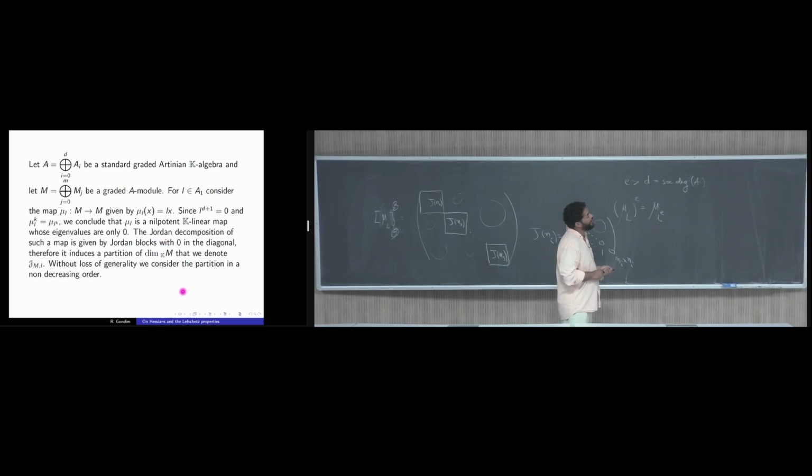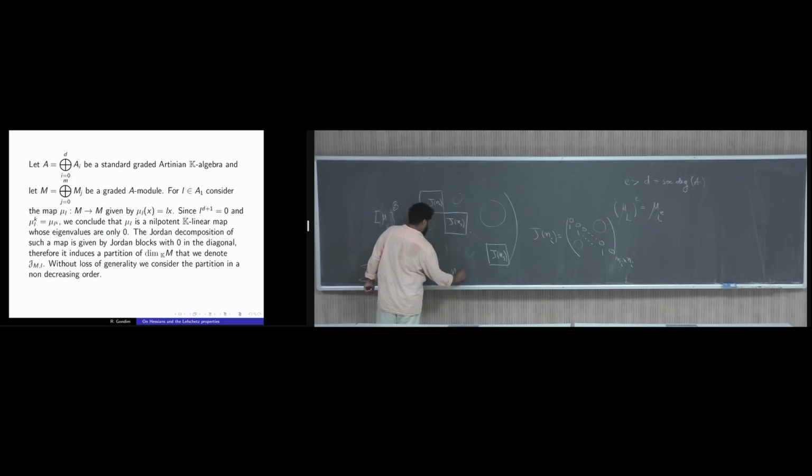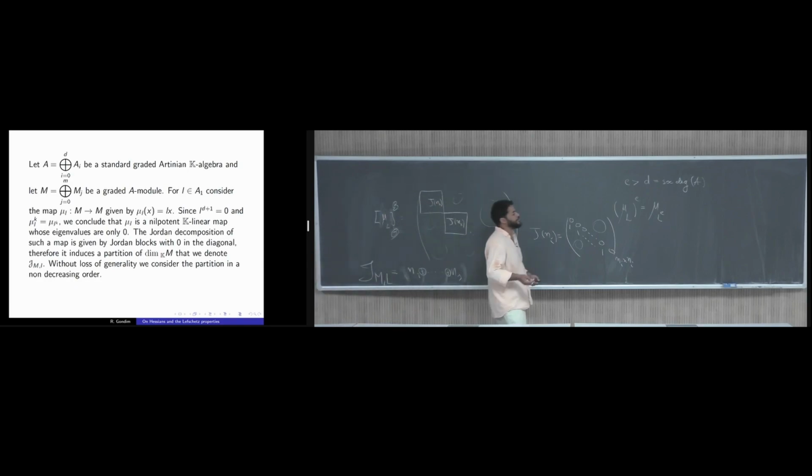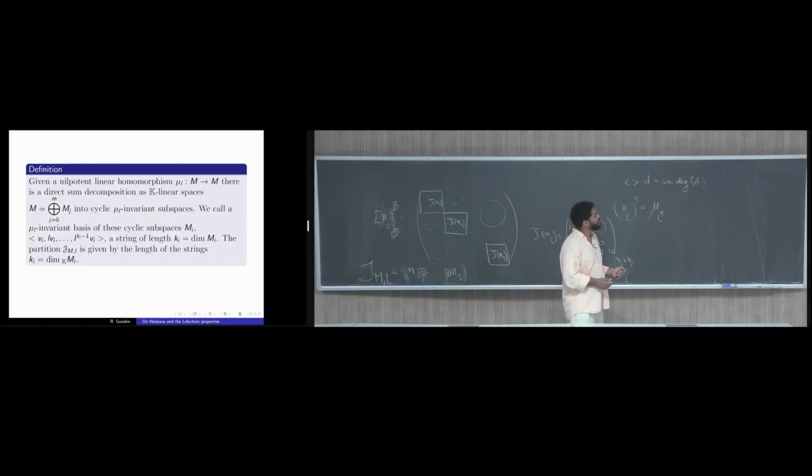And this partition is called the Jordan type of the module with respect to L. Sometimes we will write it in this way. It's possible to choose a non-increasing or non-decreasing order. It's not relevant.